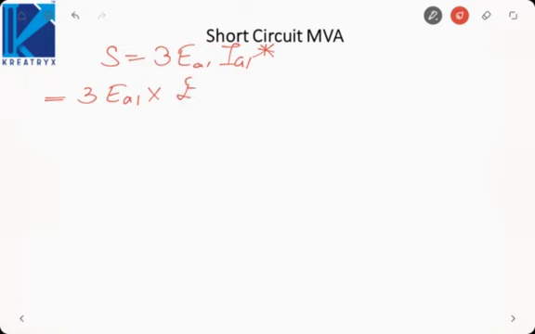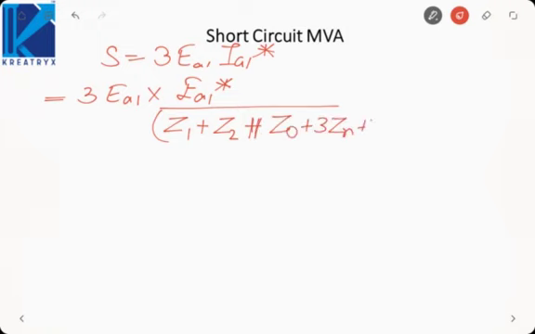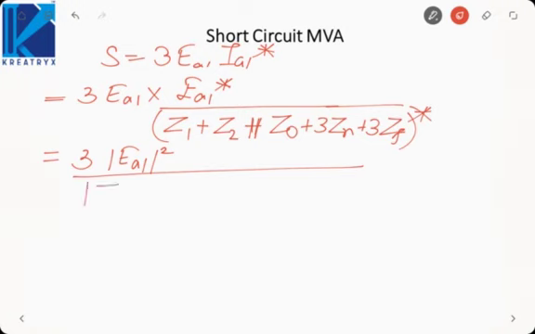IA1 conjugate will be EA1 conjugate by Z1 plus Z2 parallel Z0 plus 3Zn plus 3ZF. Now EA1 into EA1 conjugate will be mod EA1 square by Z1 plus Z2 parallel Z0 plus 3Zn plus 3ZF.